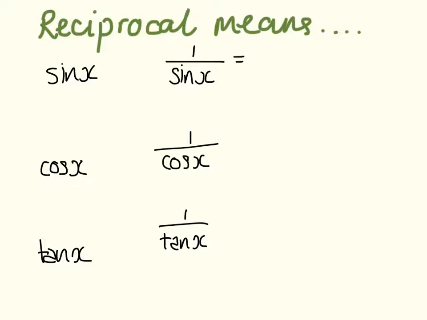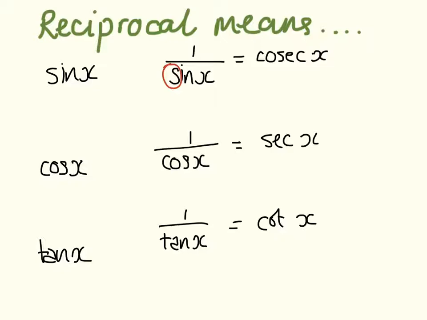So this is cosec x, this is sec x, and this is cot x. Now if you ever forget them, Ronnie's got a brilliant trick. Look at the 3rd letter in these new identities.